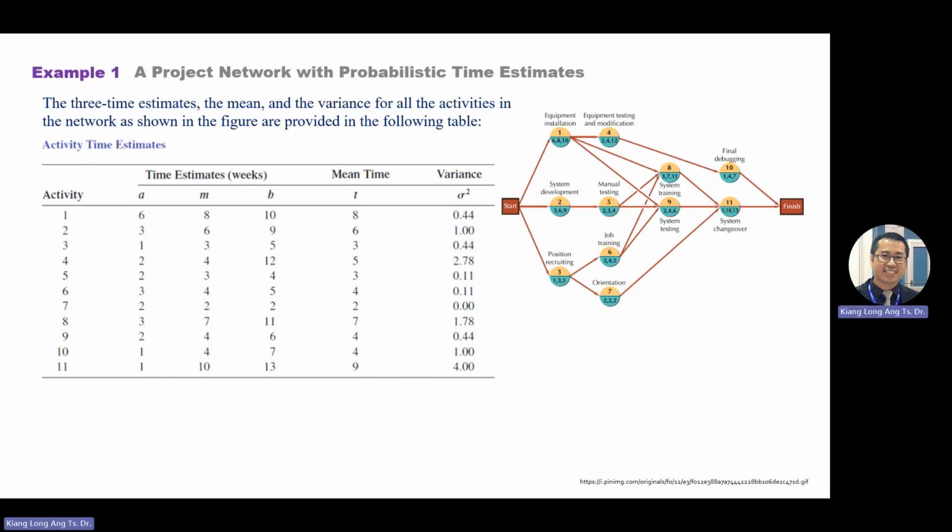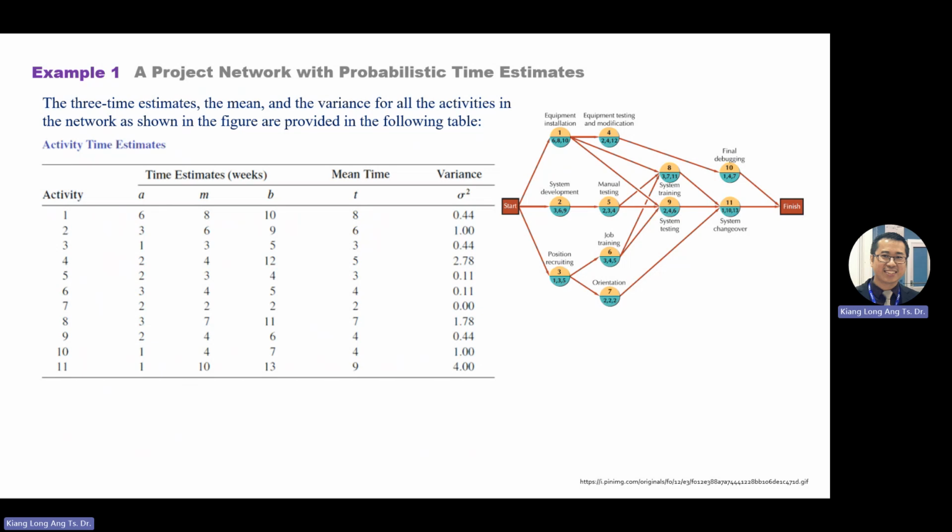Again, mean time is A plus 4M plus B divided by 6. You need to write this general equation somewhere in the answer. Then you need to show one example equation somewhere in your solution to get the estimated time T. So for example, activity 1: T equals A plus 4M plus B divided by 6.